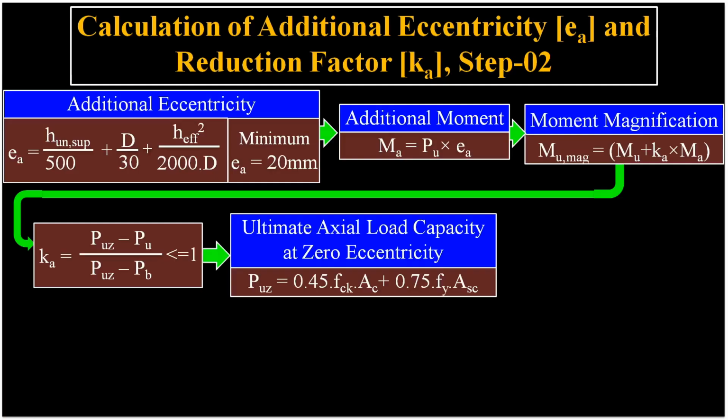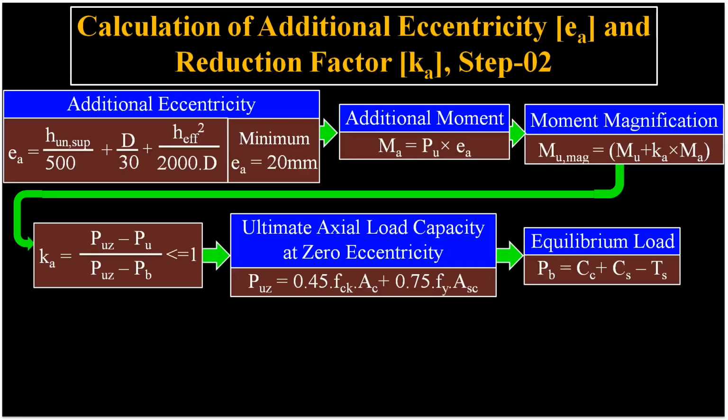Here, FCK and FY are the characteristic strength of the concrete and steel respectively. AC and ASC are the gross area of the concrete and total area of steel provided.